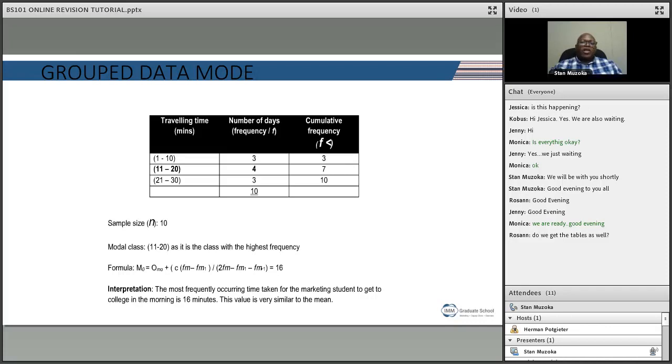The frequency of the class smaller than the modal class is 3, because the frequency of the modal class is 7. The frequency of the class larger than the modal class is 10.